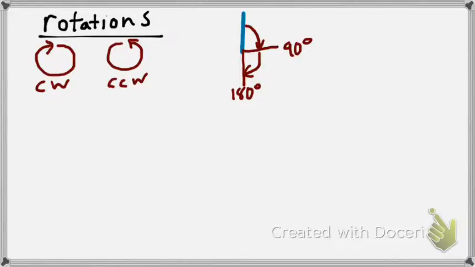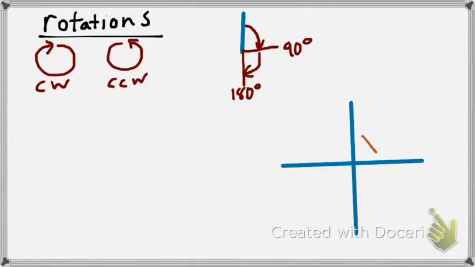Now, as far as a demonstration, we're going to rotate all of our points around the origin. If you remember, I told you it's easier to rotate the path than it is to rotate the shape.